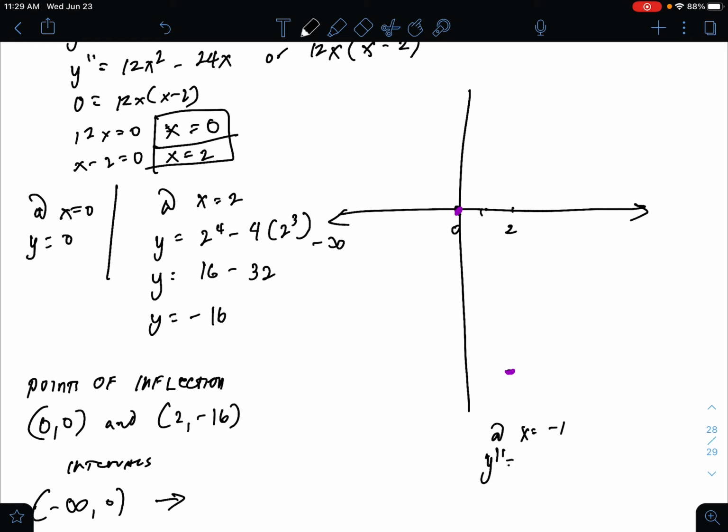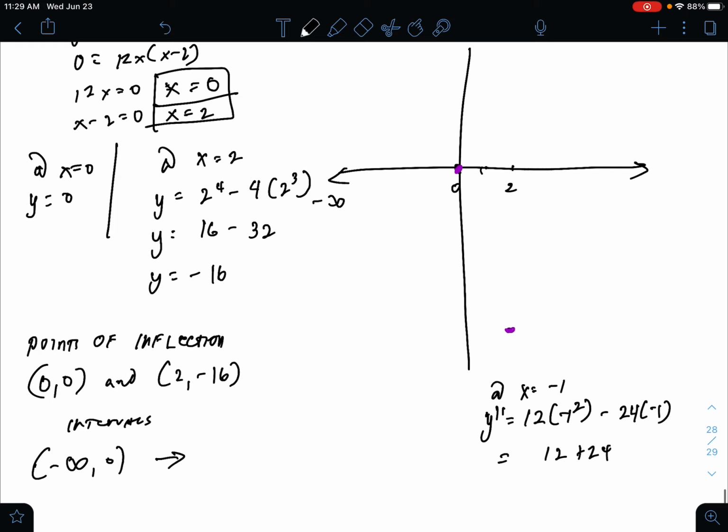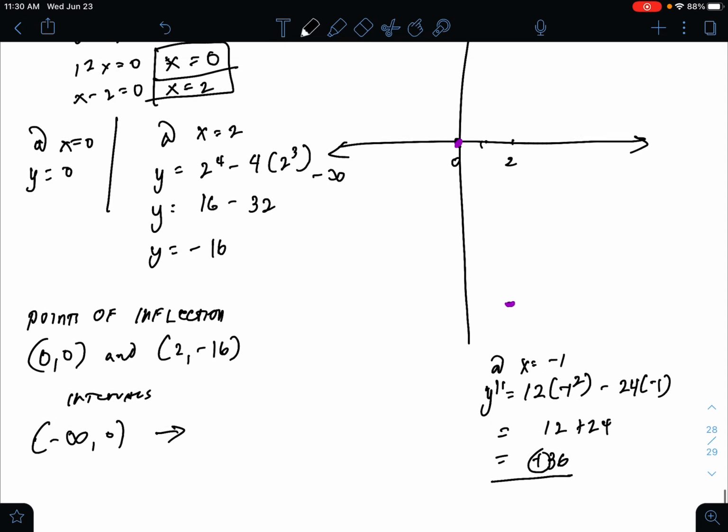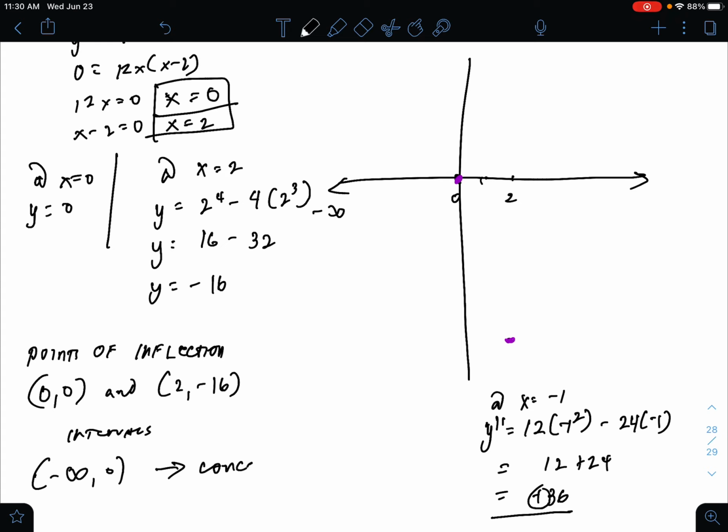Y double prime equals 12x squared minus 24x. We can get the value as 12 plus 24, positive 36. So, positive siya. Therefore, this is concave upward.